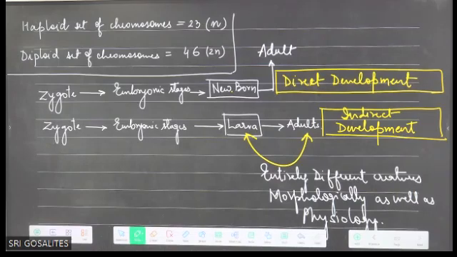46 is the number, 23 pairs. Total 46, 23 pairs. Read the last topic. What is the last topic? Does every cell of our body contain allosomes, or only germ cells? What do you mean by allosome? You mean sex chromosomes, right? Allosomes mean sex chromosomes, because you know this terminology, allosomes and autosomes, wonderful.